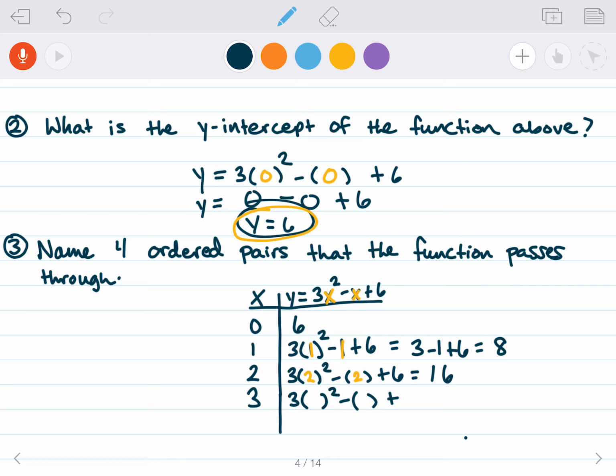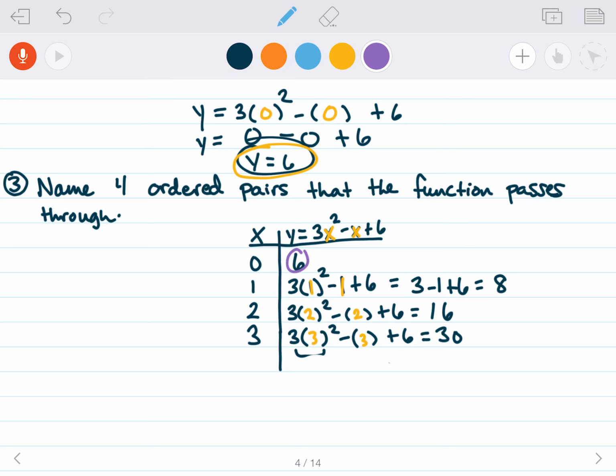So again, I'm just plugging in a 3 into my input. Anywhere I see an x, I'm going to replace with a 3. And this ends up being 3 times 9. 3 squared is 9, minus 3 plus 6. This is 27 minus 3 plus 6. So 24 and 6 make 30. So this is going to be 30. All right, so I have my ordered pairs.